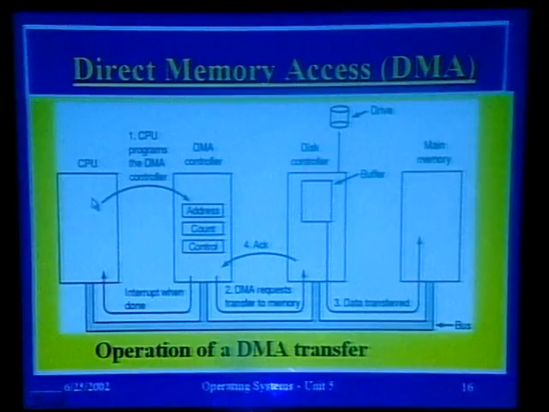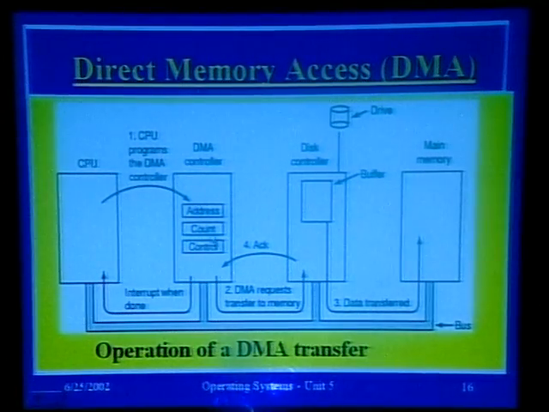How it works, let's look at it with the help of a diagram. The CPU programs the DMA controller with two pieces of information. One is which blocks from the disk to read, and second is where in the memory address space to place that.